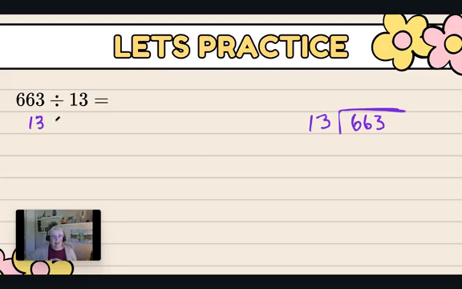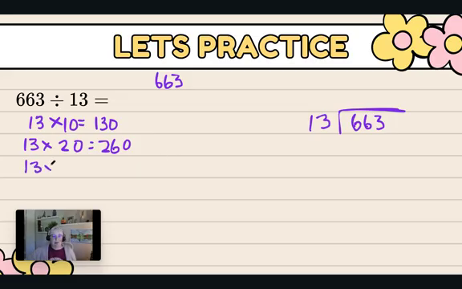So 13 times 10 is 130. 13 times 20, remember our goal is 663. That's the number I'm waiting to get close to. 13 times 20, well, 13 times 2 is 26, and multiply by that 0, 260.